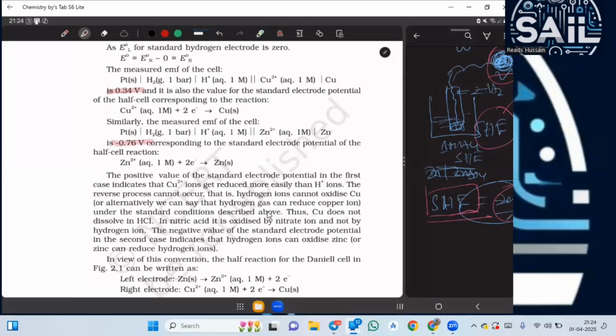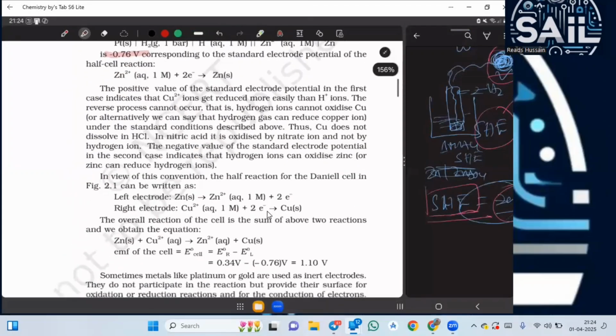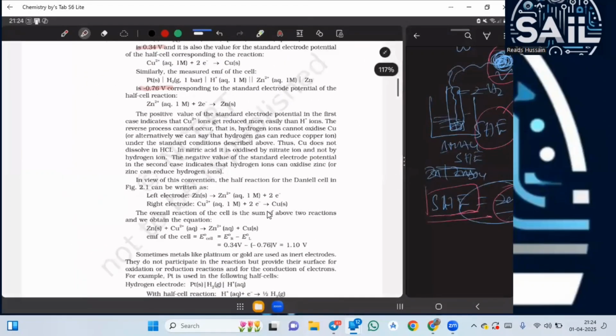So the standard reduction potential of zinc is minus 0.76 volts. These are the two values. I will continue about these reactions in the next class, because I feel this class has become very lengthy and you may feel bored if I go through these reactions now.